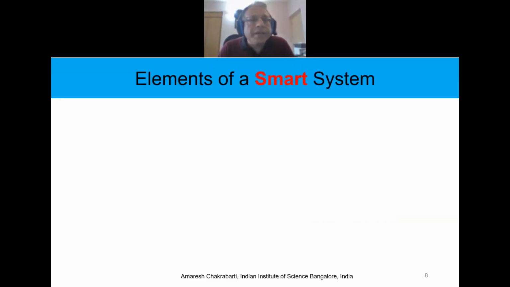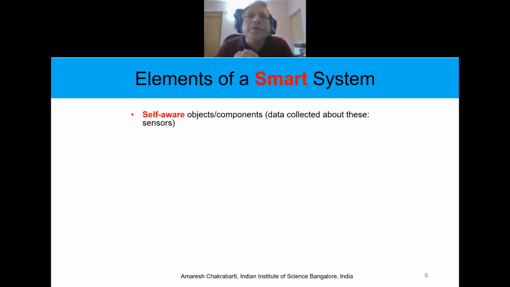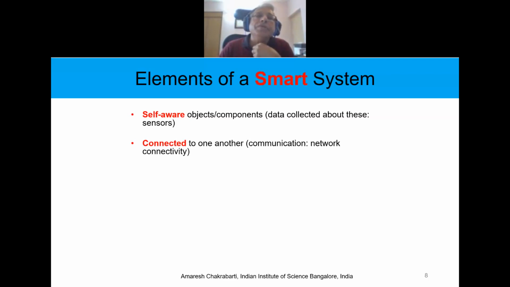But what are the specific elements of such a system? The first is that the objects and components that are there in the system are self-aware. In other words, data is possible to be collected about them. So sensors become important in this case. Second is that they are connected to one another. So communication network becomes important.